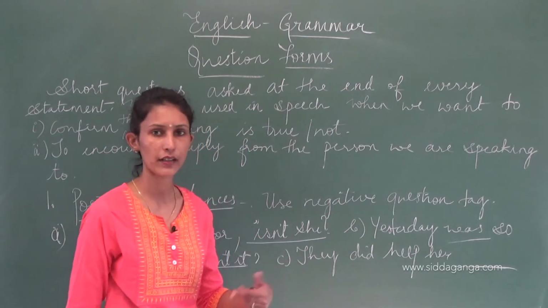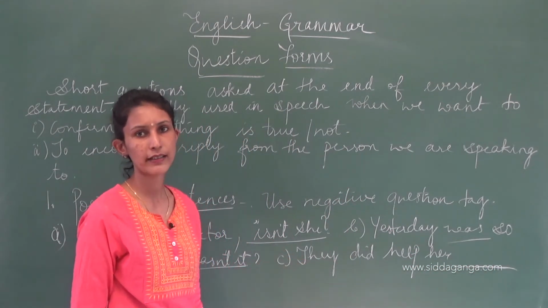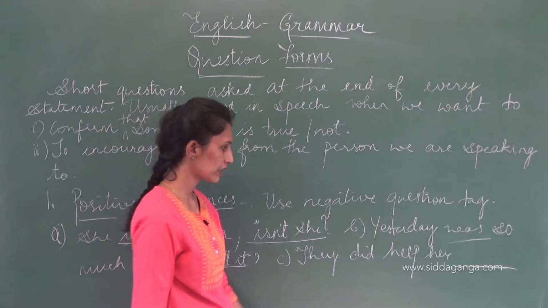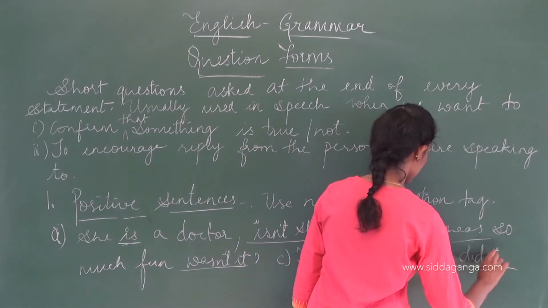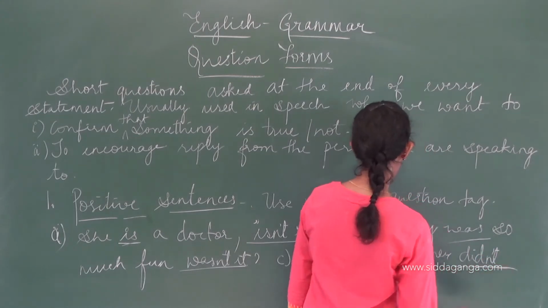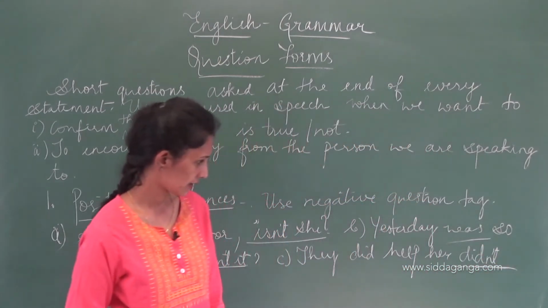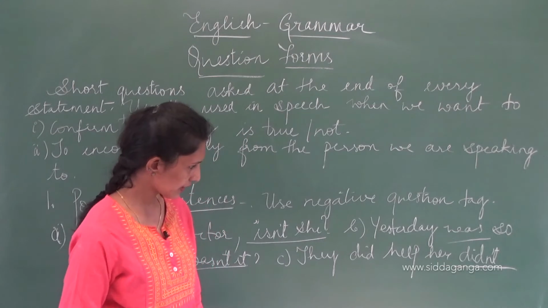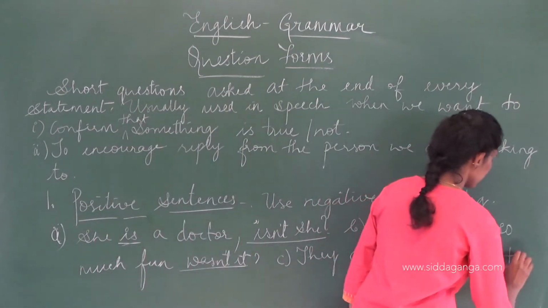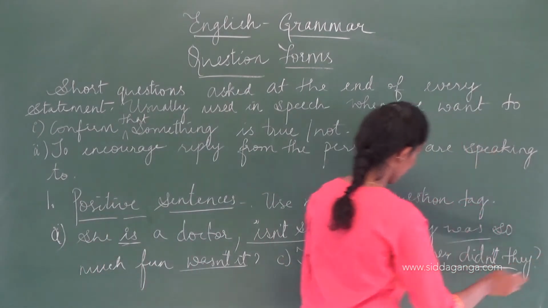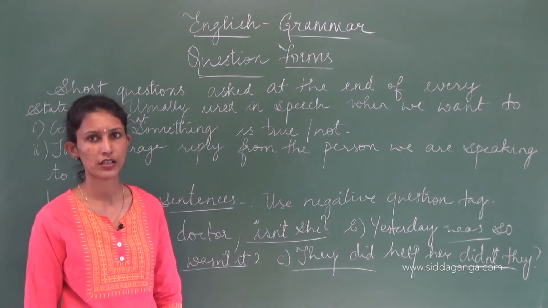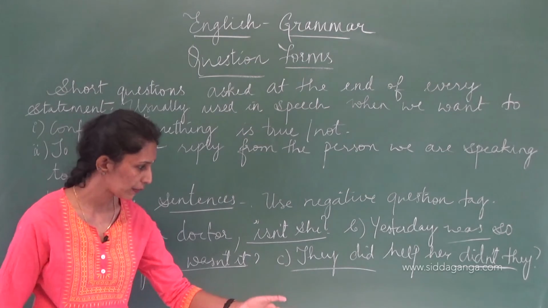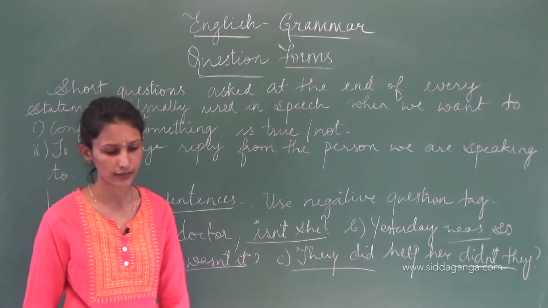They did help her. That is, they did really help her. Did is picked up there. So didn't. They did help her, didn't they? Didn't they? Did not. Did not they help her? Didn't they help her? Right?